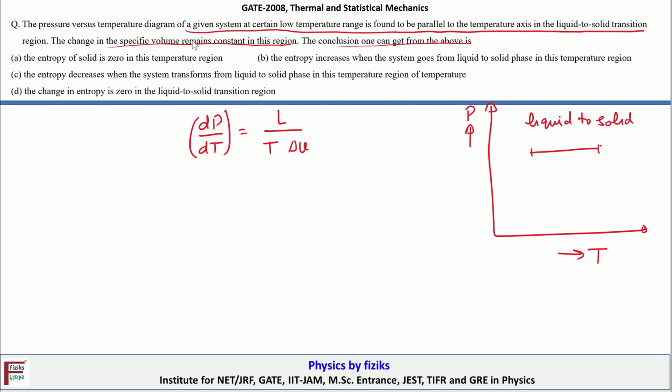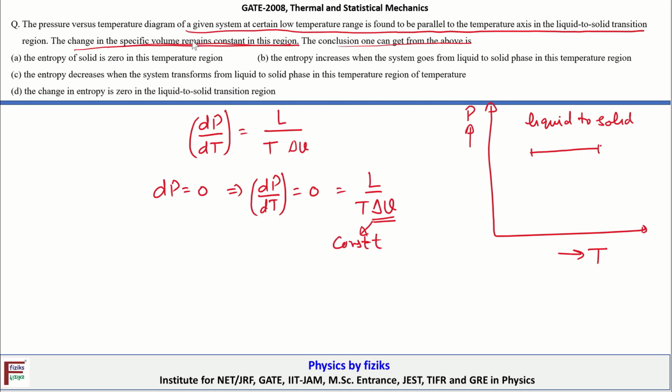Now it's given that when this liquid to solid transition is taking place, dP is equal to 0. So this implies dP by dT is equal to 0, and that is equal to L by T delta V. It's also given that during this transition the change in the specific volume, delta V, remains constant.